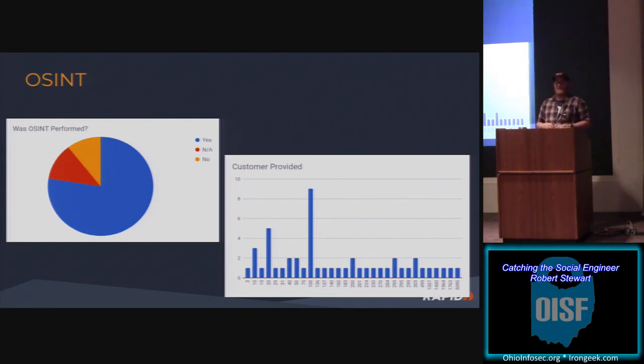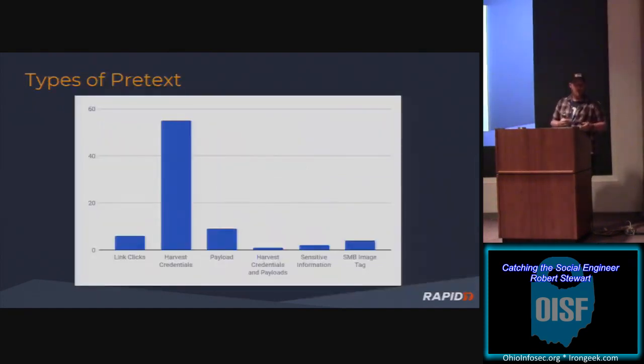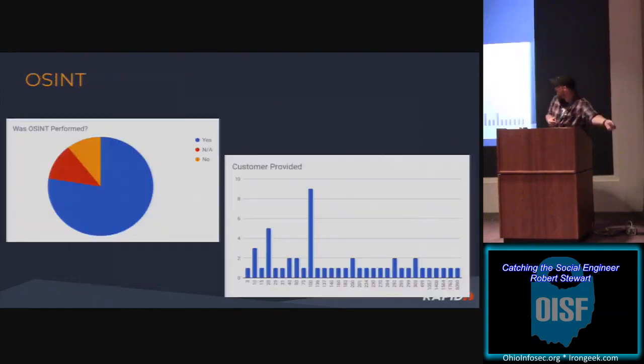So we're looking at things like LinkedIn, Facebook, Twitter, data.com, all these different resources that pull information for us. But we wanted to ask the very basic question in the beginning: was OSINT performed? And interestingly enough, we had 3 answers. It was yes, no, and not applicable.